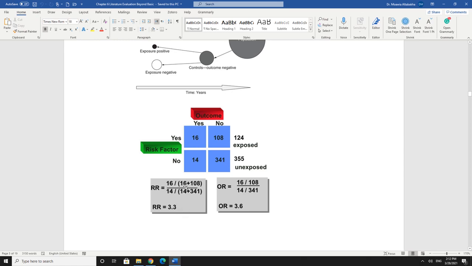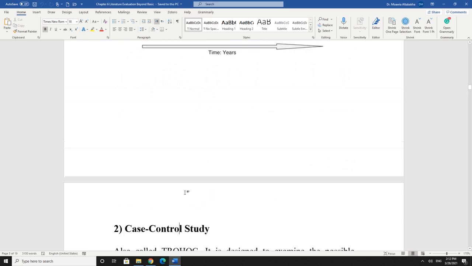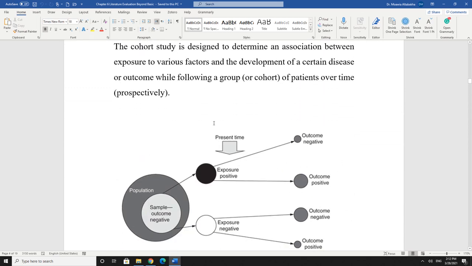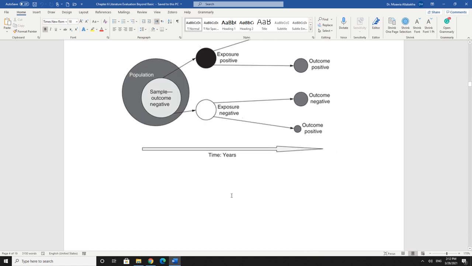Of course, relative risk is only related to cohort study where you look at the future, where you start with there is exposure or there is no exposure.